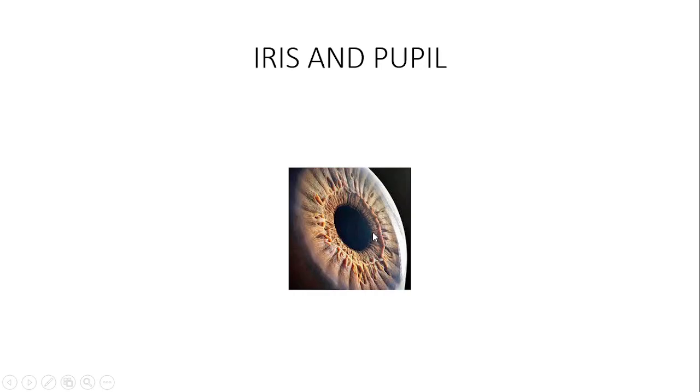The collarette is the thickest region separating the pupillary portion from the ciliary portion. At the collarette, the sphincter and the dilator muscles overlap. I will show you some more pictures later on.